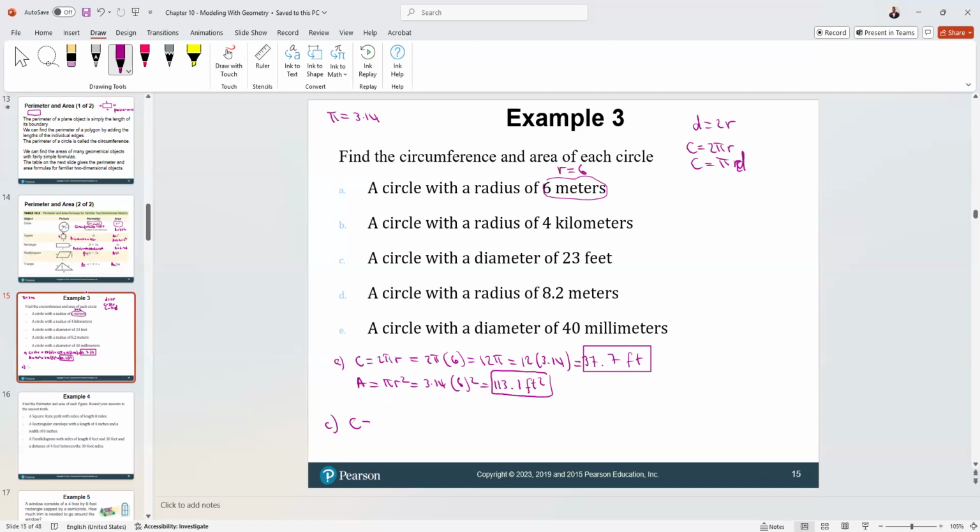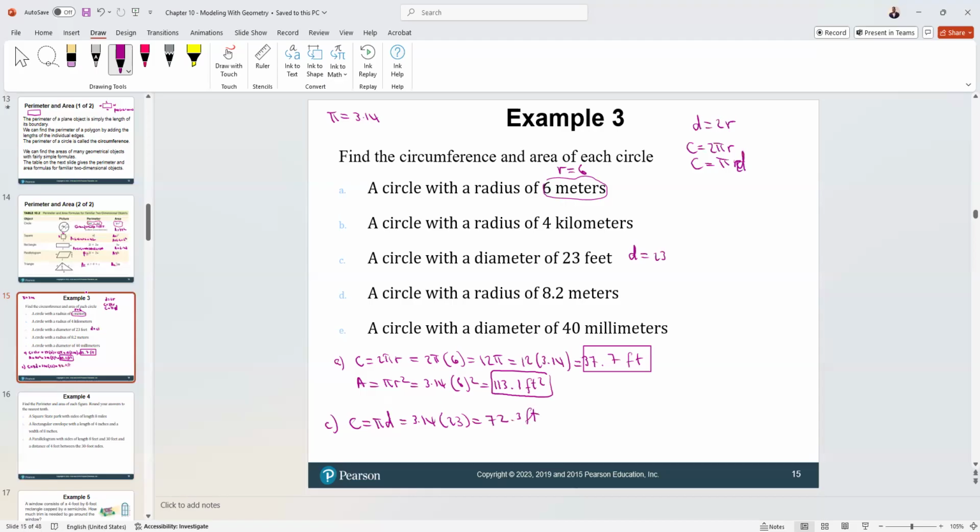We have the circumference equals pi D because we know the diameter for C, D is 23. So we're going to have 3.14 times 23. Of course, if you use a calculator for this one, we're going to have 72.3.